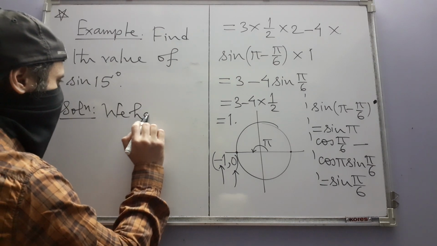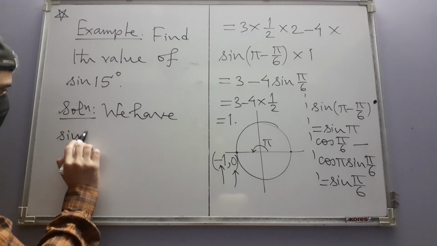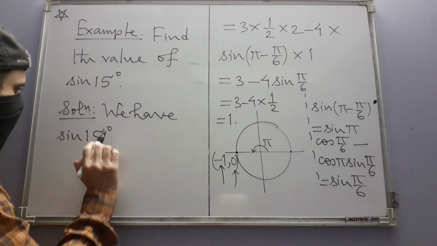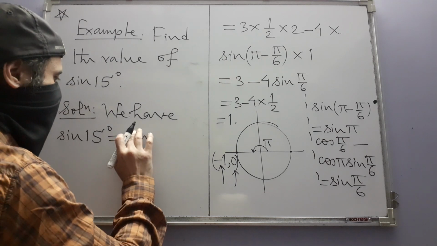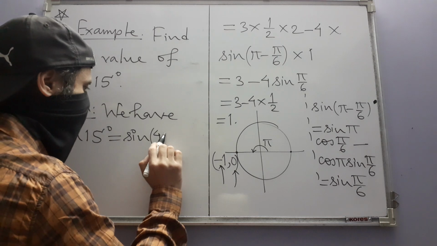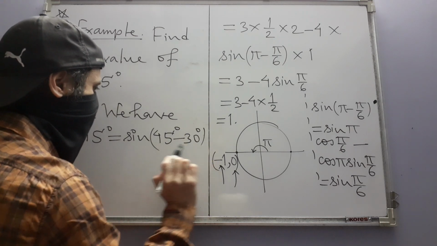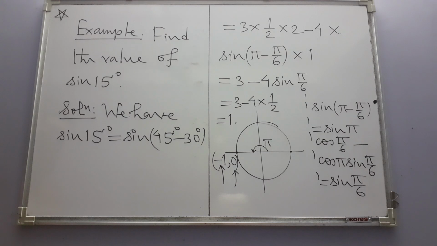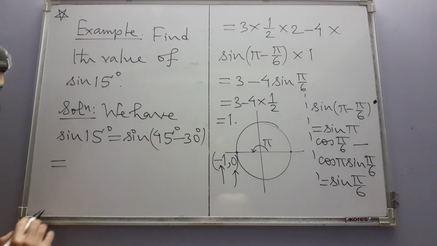We have sine 15 degree. The trick here is to recognize that although 15 is not a known value, 45 and 30 are, and 15 is just this difference, 45 minus 30. So you have to use the sin x minus y formula here.